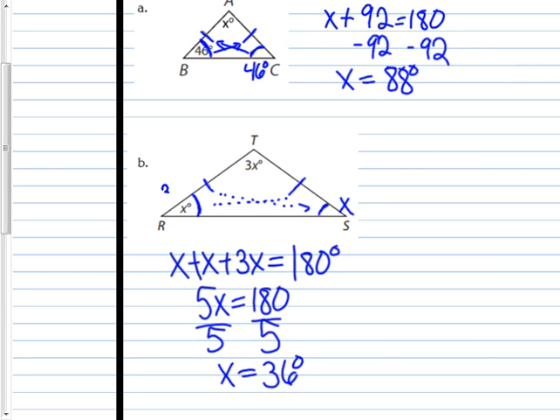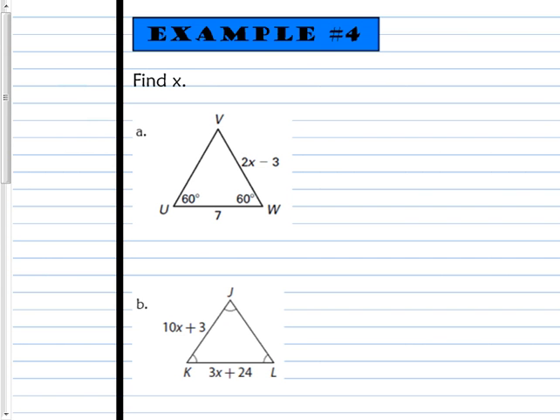So x is 36 degrees, x is 36 degrees, and then 3x will be 36 times 3, 108 degrees. Okay, and we can double check by adding 36 plus 36 plus 108 together, and it should add up to 180.